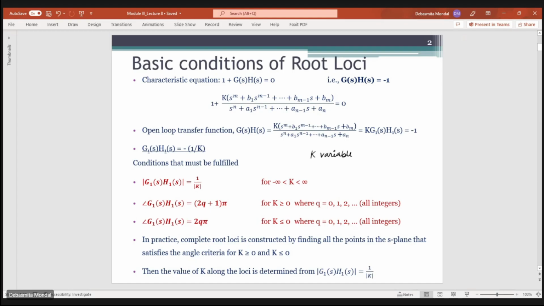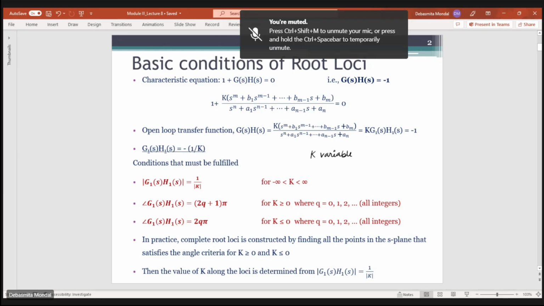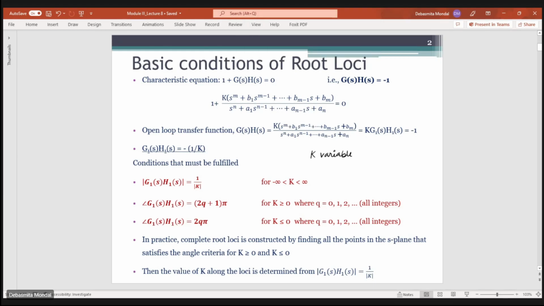The angle condition is that the angle of G1(s)H1(s) should be equal to (2q+1) times pi when we are varying k from 0 to plus infinity, and this angle condition should be equal to 2q pi when the value of k is being varied from minus infinity to 0. In practice, whenever you are constructing a root locus, we try to find out all the points in the S plane that satisfy the angle criteria.